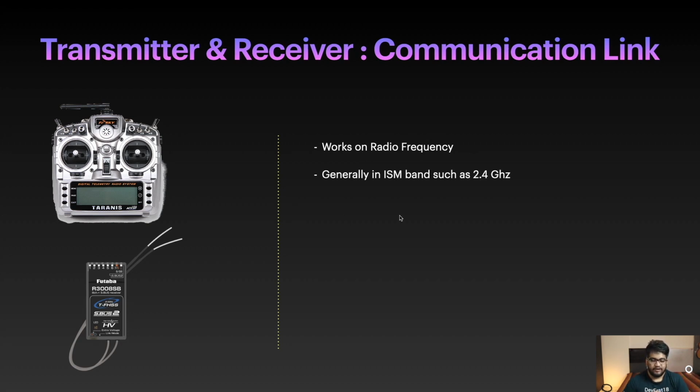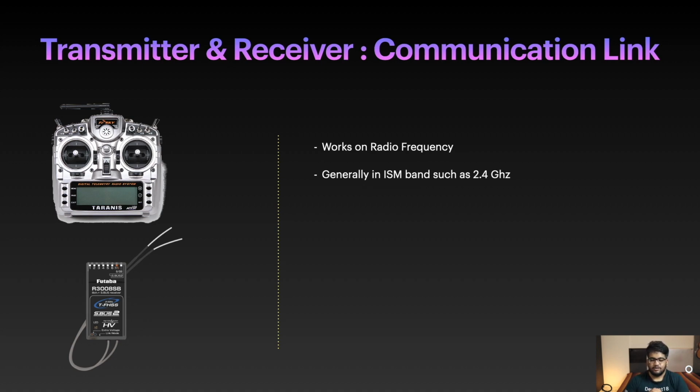Talking about the communication link, the transmitters and receivers generally work on the ISM band, that is 2.4 gigahertz. There is a frequency band available which is free to use around the world. It's called the ISM band. Your routers work on that, Wi-Fi or Bluetooth works on that, and a lot of different things which do not require any license work on that.